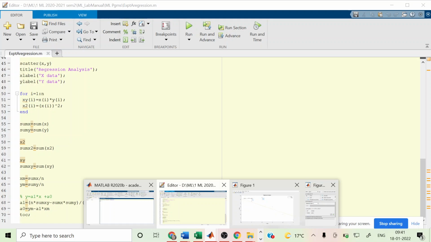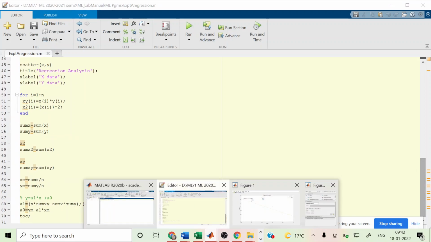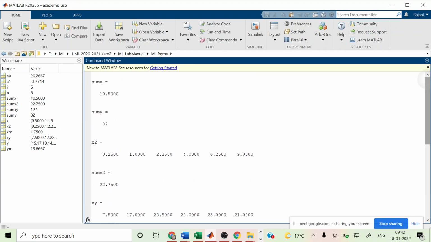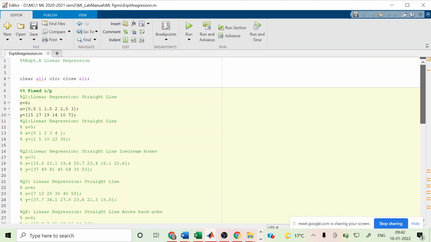in the command window. In the command window you should get all these values. We also accept input, so what I will do is remove the input as well, I'll remove this and execute it once again.